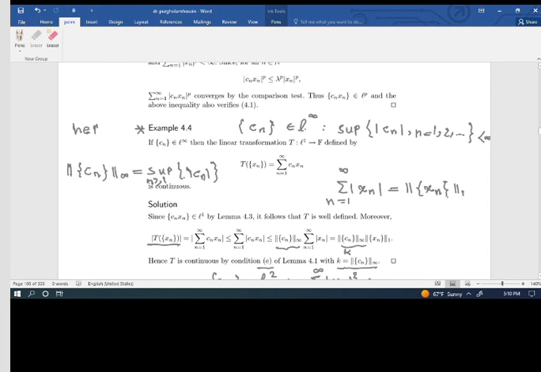Here the norm infinity of c_n equals the supremum of the absolute value of c_n for all n greater than or equal to 2, and the series of the absolute value of x_n, n from 1 to infinity, equals the norm 1 of the sequence x_n.